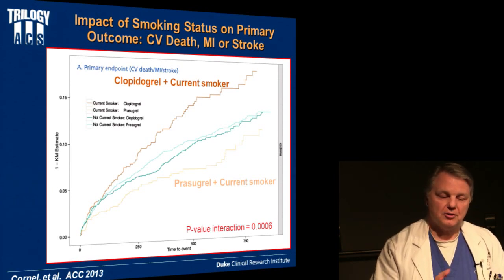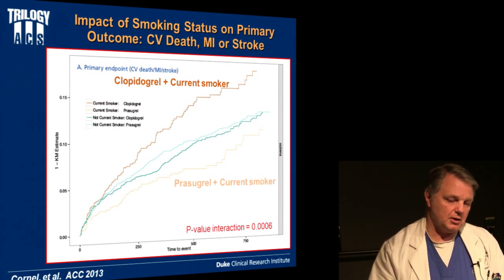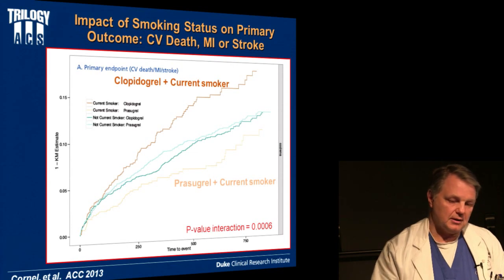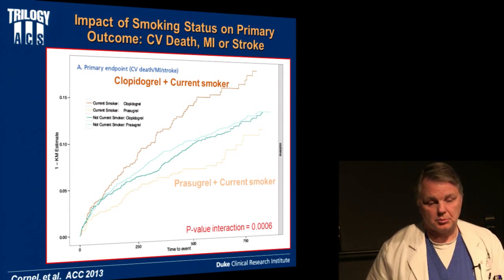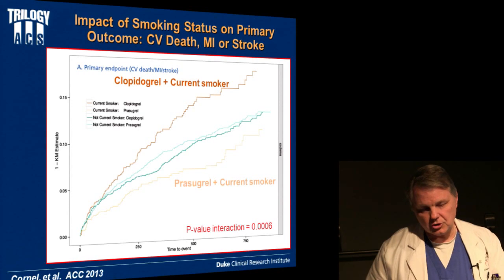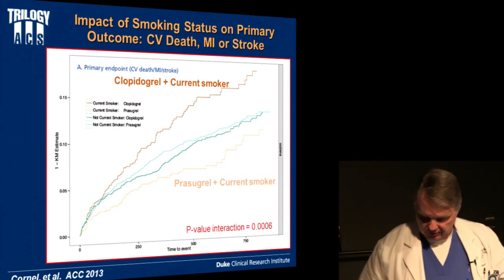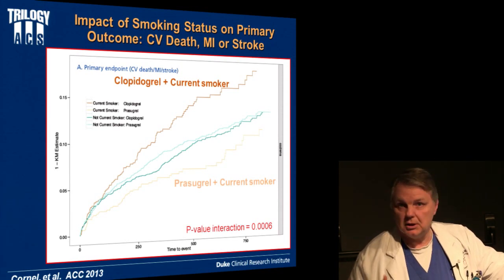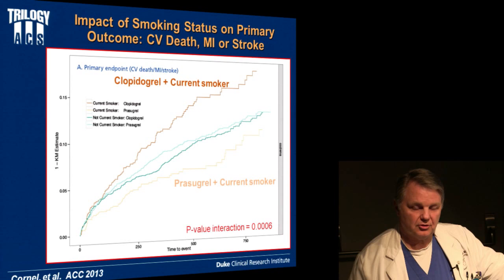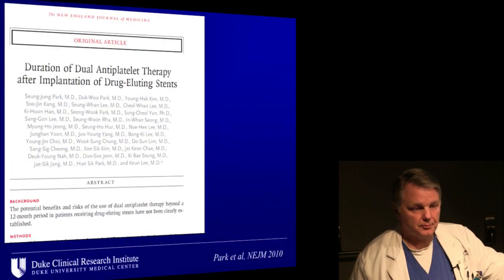We still don't know exactly what the issue is here, but you can see at least these curves separate fairly early on and stay separated. And within the context of this finding, we actually had a lower mortality with prasugrel. So for long-term therapy, this suggests that at least prasugrel is a reasonable candidate from a safety perspective, but obviously the lack of efficacy in the trial as a whole is an issue.